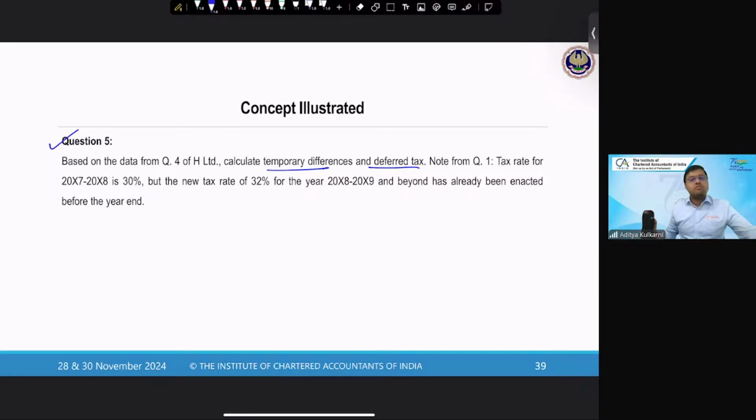So in practical, in Indian terms, I don't know the tax rate after 2 years, but I know that some of these items will be settled after 4 or 5 years. So in that case, I will take the rate that has been substantively enacted and do the recognition of my deferred tax asset or deferred tax liability. Is it okay? Yes, sir.